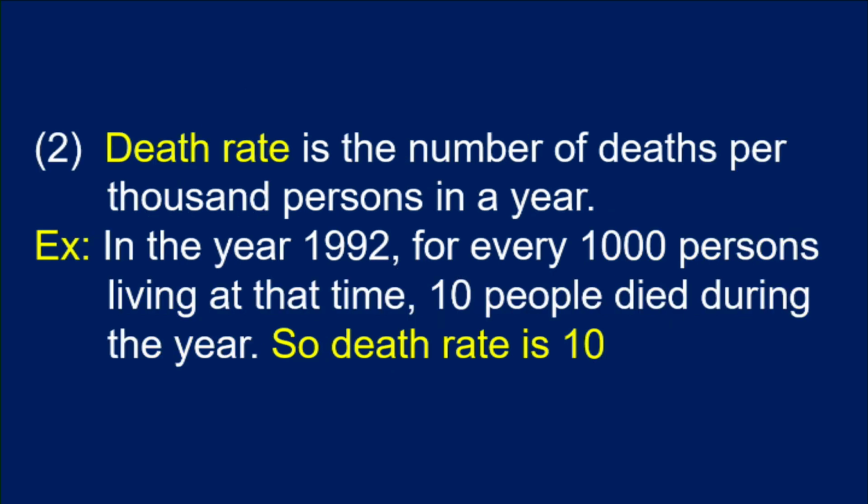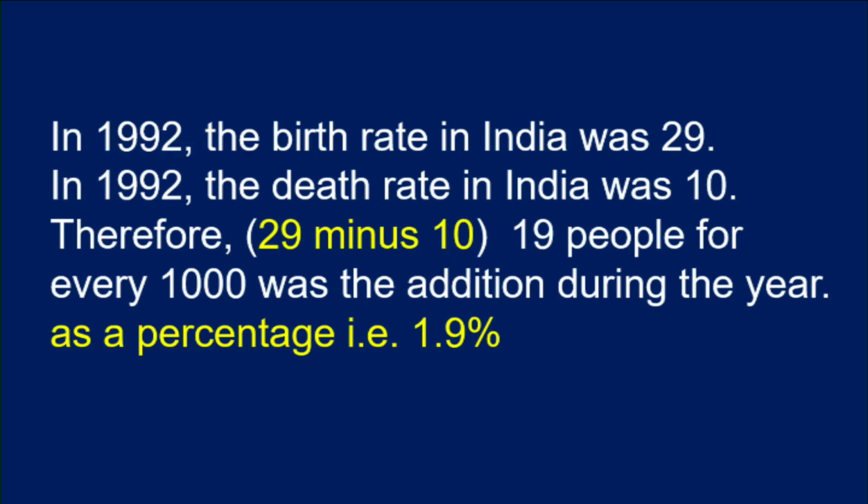Now, death rate. Death rate is the number of deaths per 1000 persons in a year. For example, if we take the year 1992, for every 1000 persons living at that time, 10 people died during the year. So the death rate is 10. In 1992, the birth rate in India was 29 and the death rate was 10.